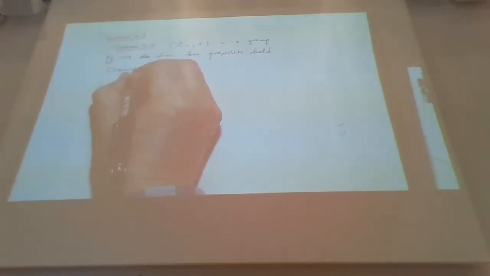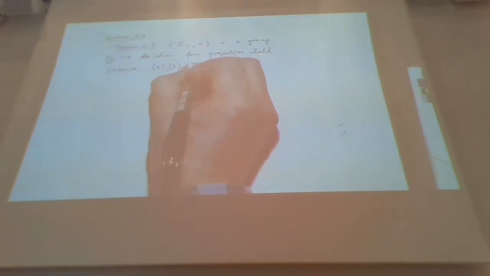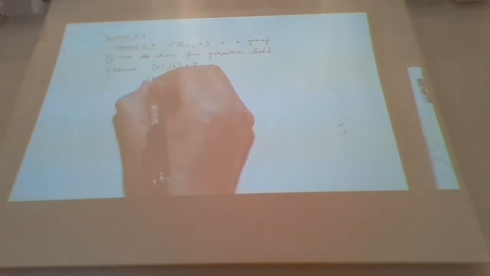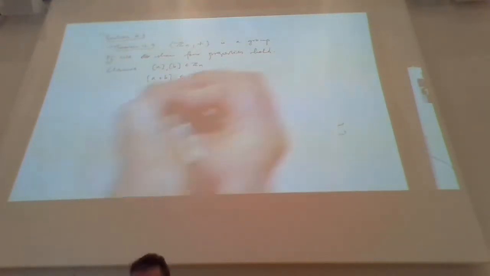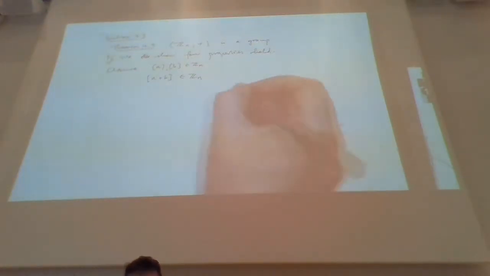Is the operation closed? If I take two congruence classes, is the congruence class of A plus B another congruence class modulo n? Yeah, it's true by definition.